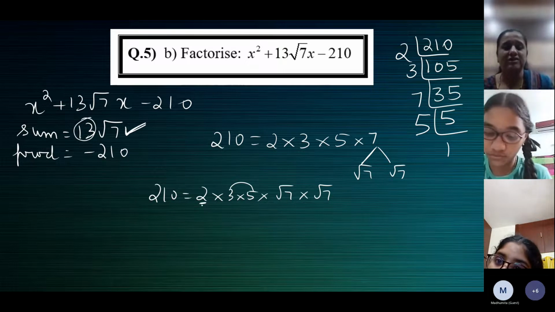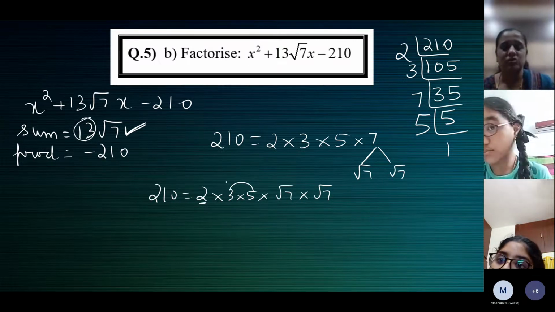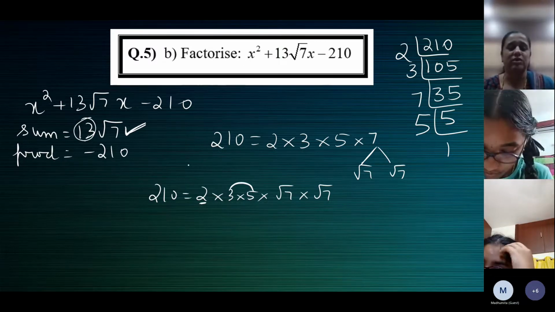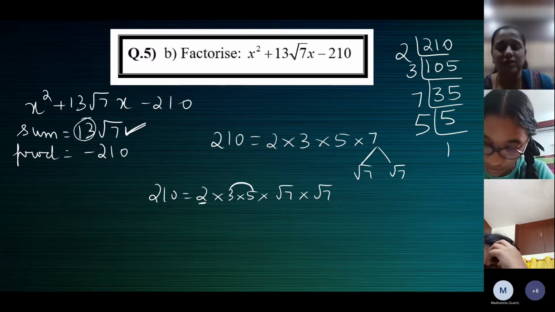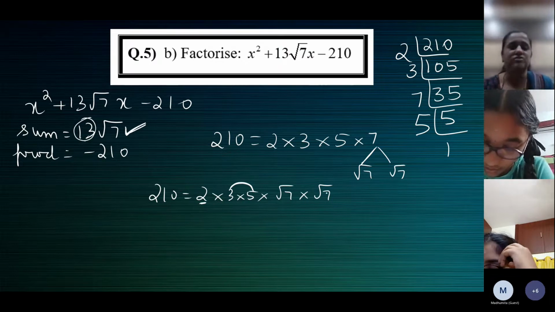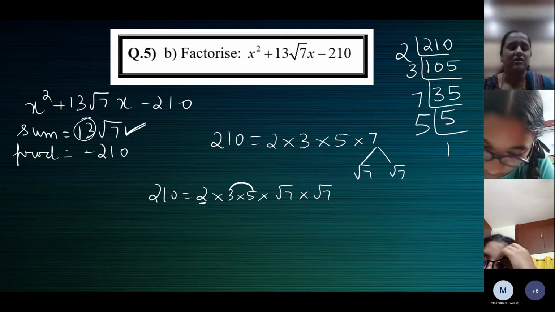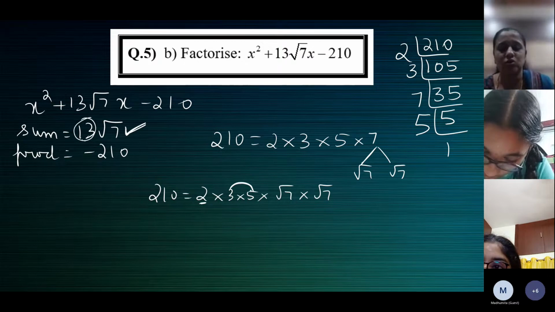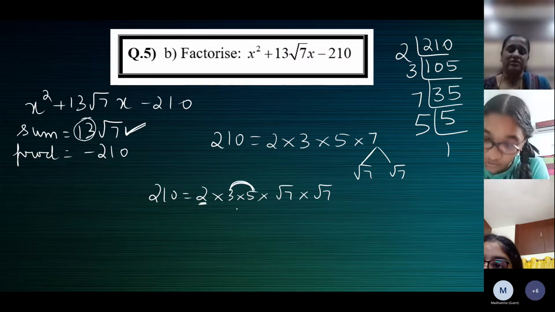And you know that 15 minus 2 is 13. You will have to make use of all these factors of 210 to find the two numbers that will satisfy the sum and the product.